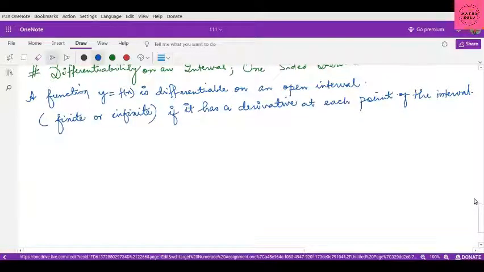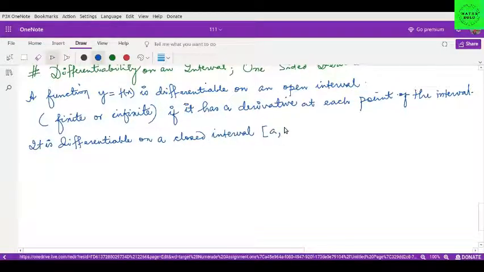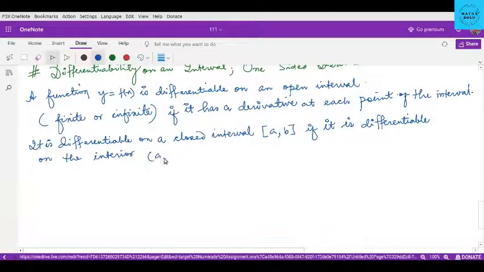Now, it is differentiable on a closed interval a comma b if it is differentiable on the interior a comma b and if the limit exists at the endpoint.